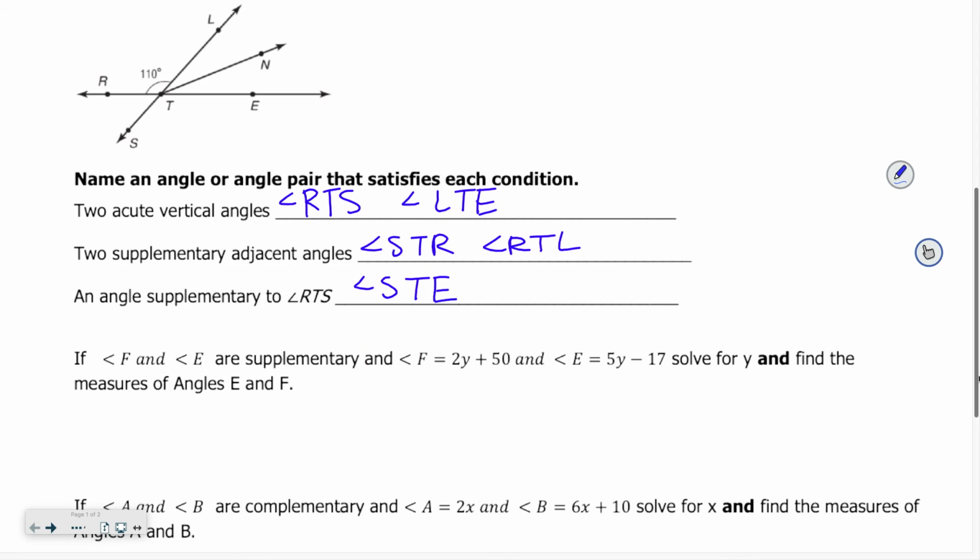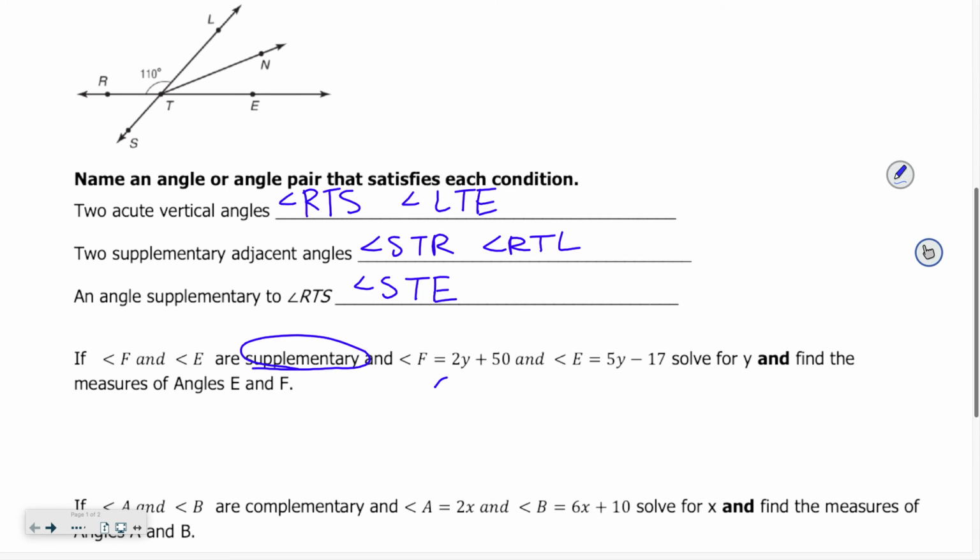So RTS and STE. Now the last three on here do not have pictures. They have keywords, okay? So in the first problem, what is my keyword when I read it? Supplementary. So as soon as I see this, I should be thinking 180.